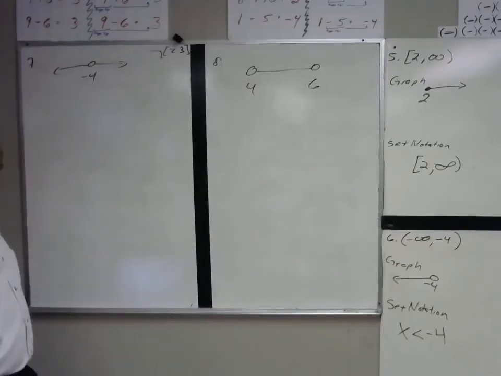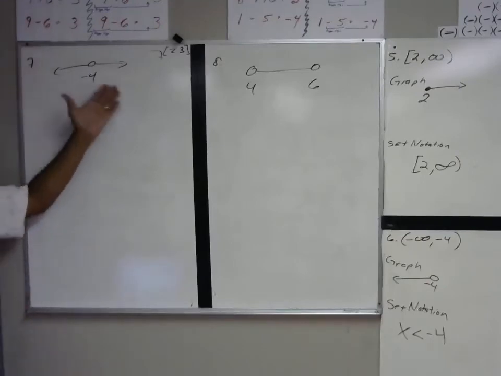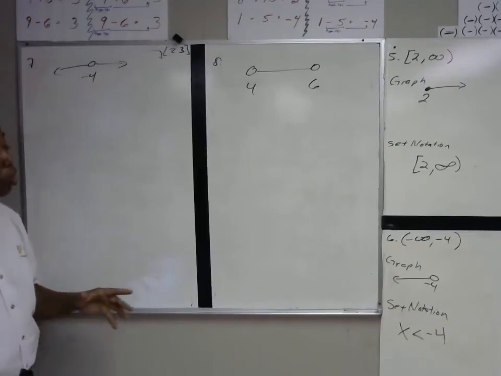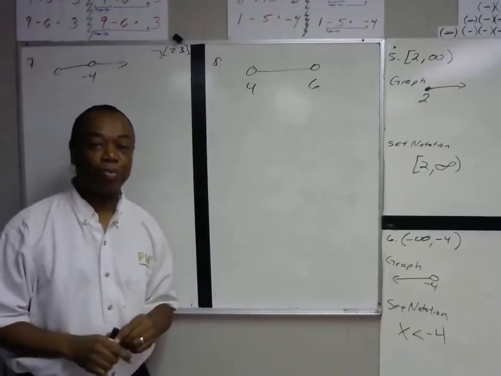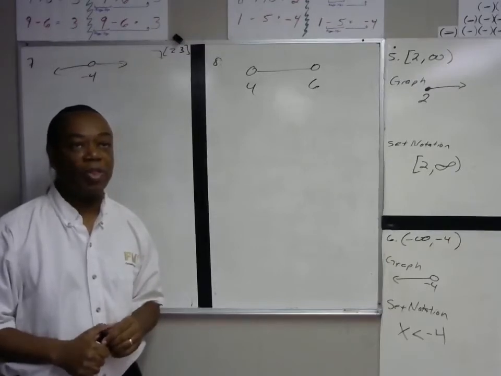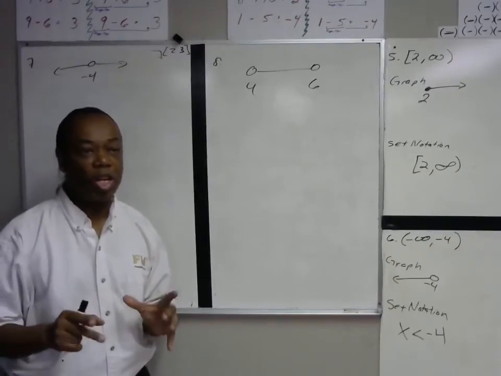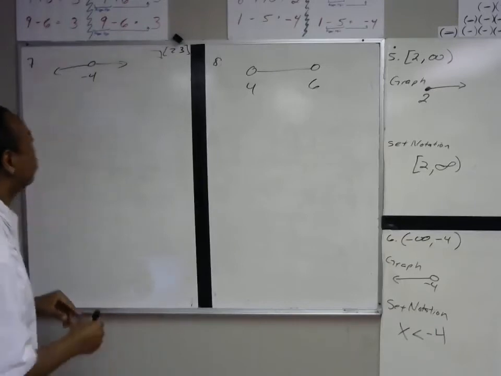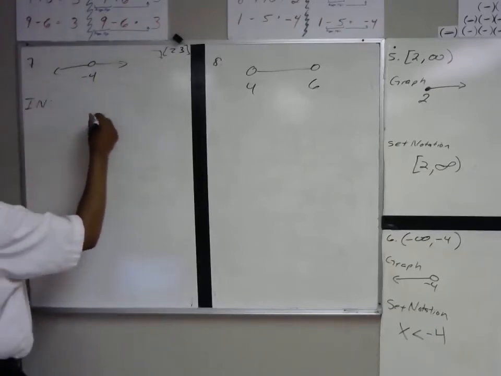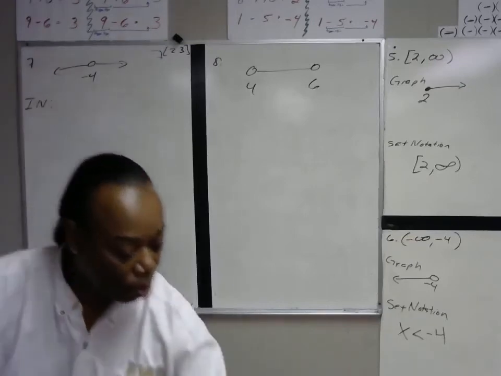Okay, starting with the number line. This is a number line that is missing the number -4. So we have all numbers except for -4. So how do we represent that? First, I want to represent that in interval notation.